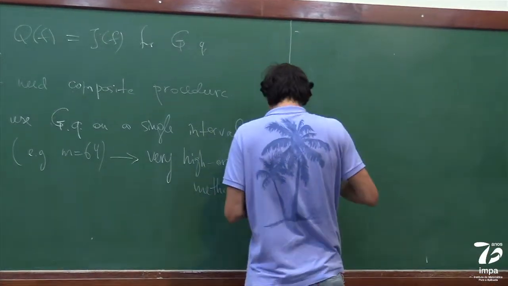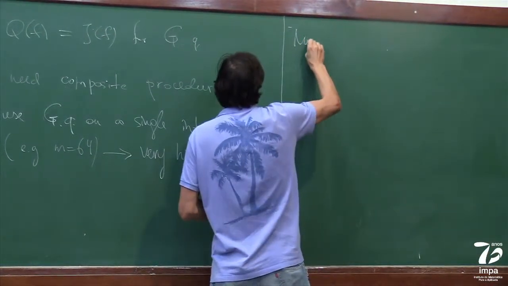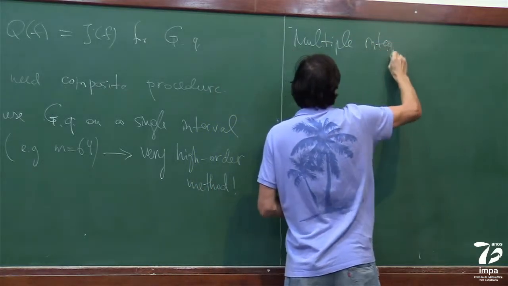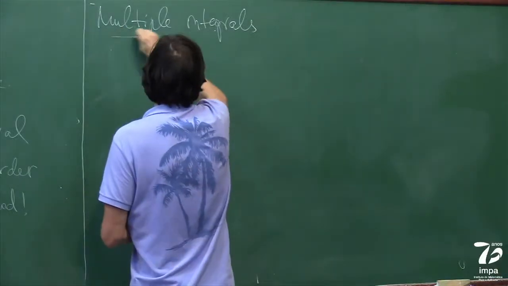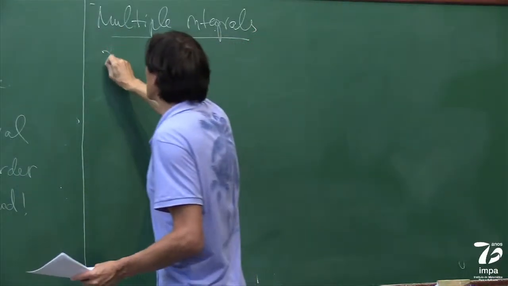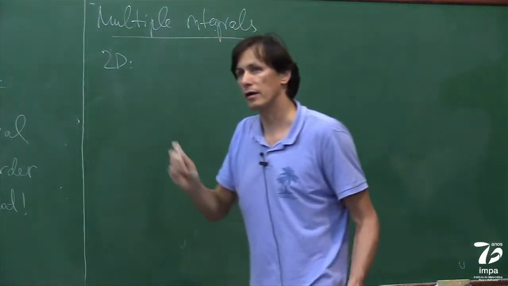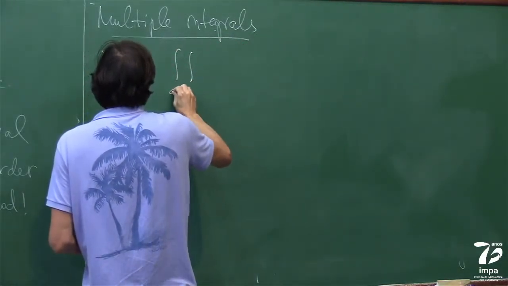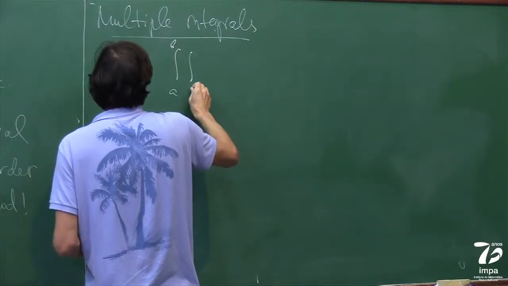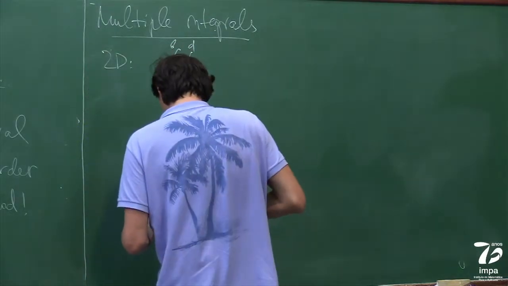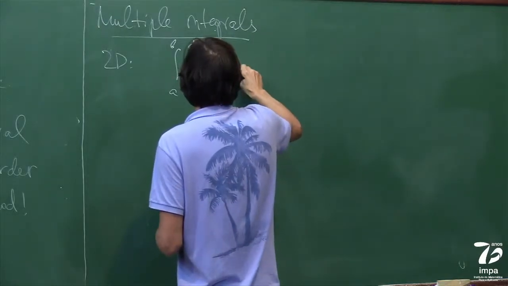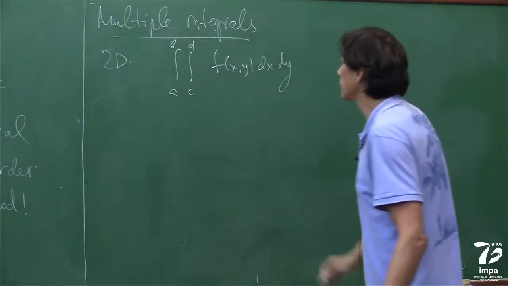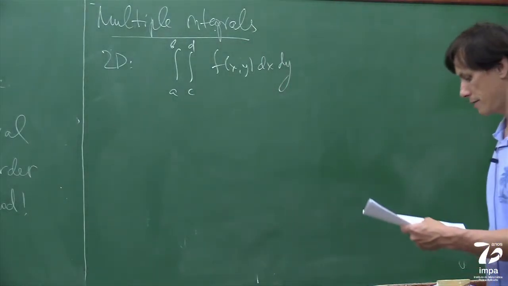So the first is multiple integrals. Let's do 2 dimensions, because any other case is the same. What we want to compute is the integral of a function of 2 variables, and let's do it for a rectangular domain.